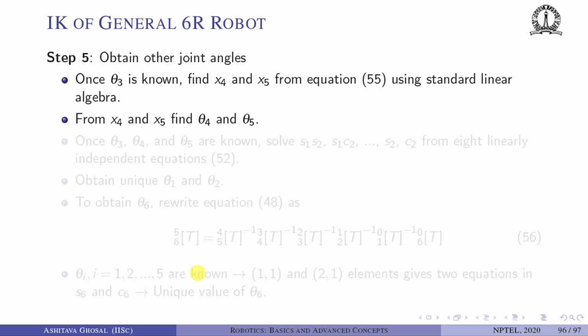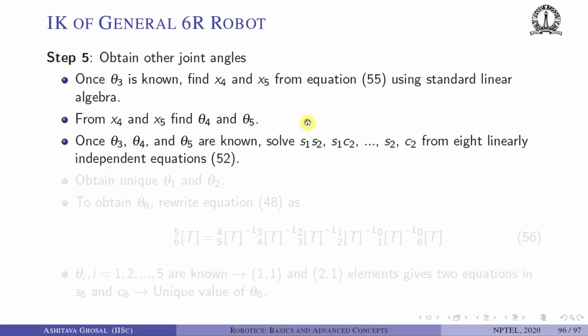Once we find x4 and x5, we find theta 4 and theta 5 by 2 into tan inverse of x4 and x5. Once theta 3, theta 4, theta 5 are known, we can go back and solve the right hand side. Remember, the right hand side has theta 1, theta 2 in one set of equations in 52, and we can obtain unique theta 1 and theta 2.